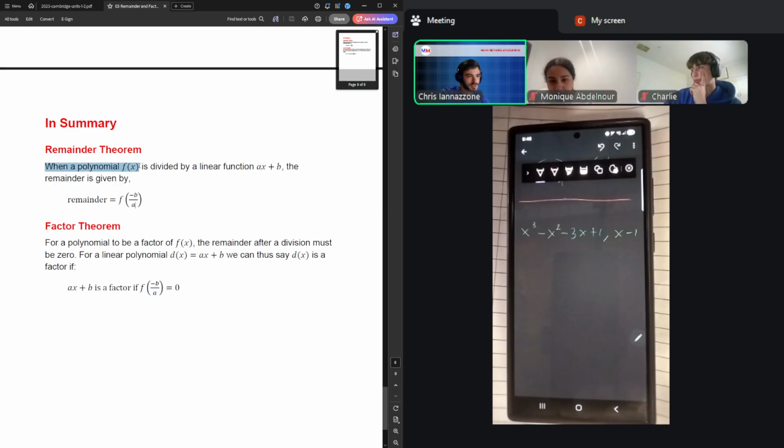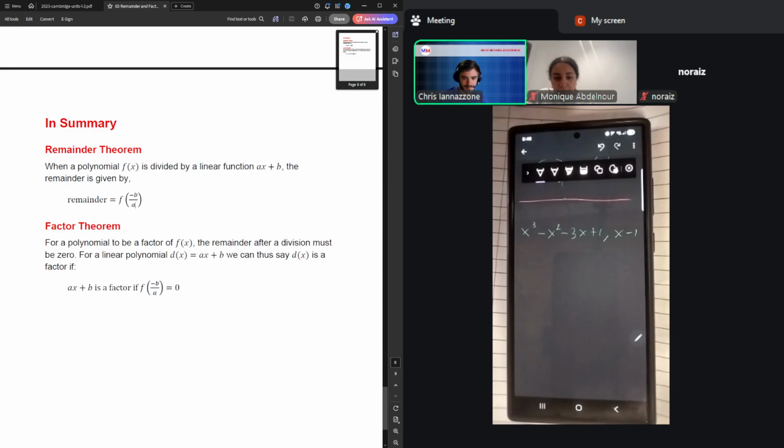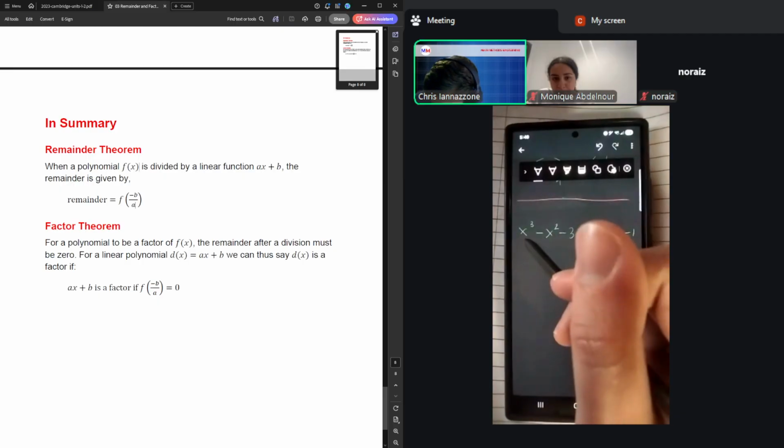When a polynomial f of x is divided by a linear ax plus b. Again, it's kind of a 50-50 here. One of them's got to be the polynomial, the other's got to be the linear. Cool, okay. F of x is going to be the cubic, right?